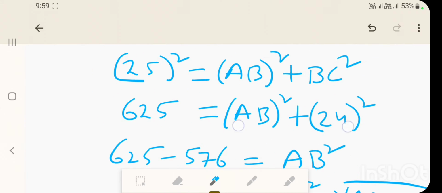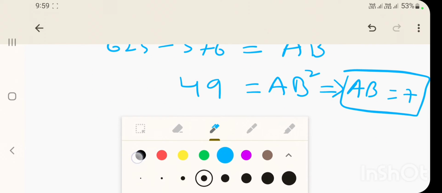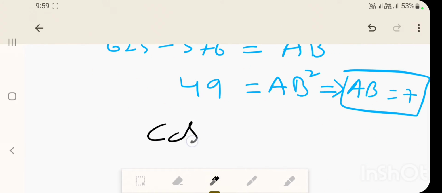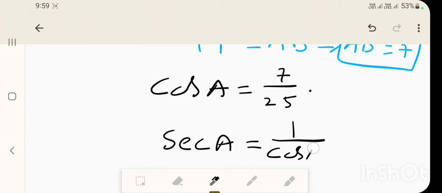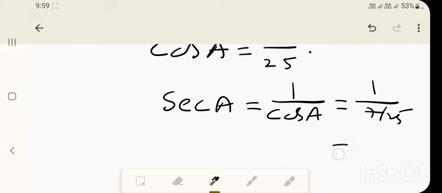So from this we can calculate easily what is cos A. Cos A is nothing but length of the adjacent side 7 divided by the hypotenuse 25. Okay, now suppose you want to calculate what is secant A, reciprocal of cos, that is 1 by cos A, that is 1 by 7 by 25. If we take the reciprocal we get 25 by 7.